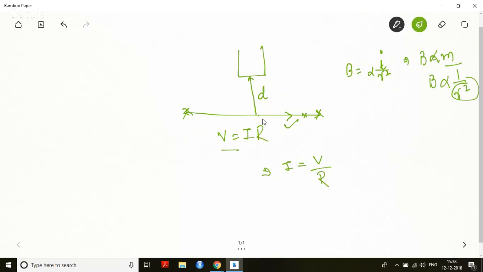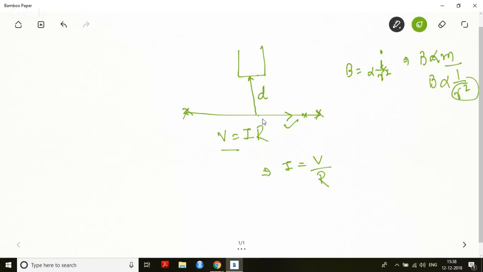So creation of EMF due to a changing magnetic field is known as electromagnetic induction. Then there was another scientist, his name was Lenz, and he was trying to prove Newton's third law and inertia, basically both.